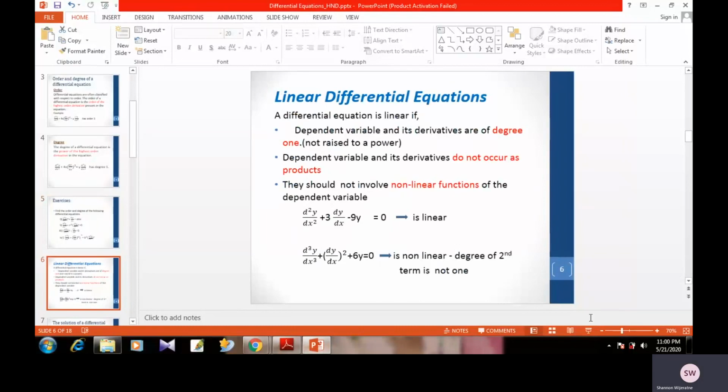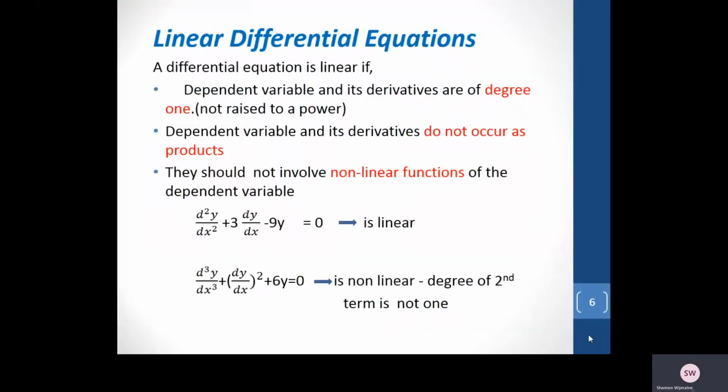So let's go to another classification of differential equations as linear and nonlinear. A differential equation is said to be linear if it satisfies these properties. The dependent variable and its derivatives are of degree 1. Degree 1 means it is not raised to any power. If we have the derivative term dy by dx, the dependent variable is y.